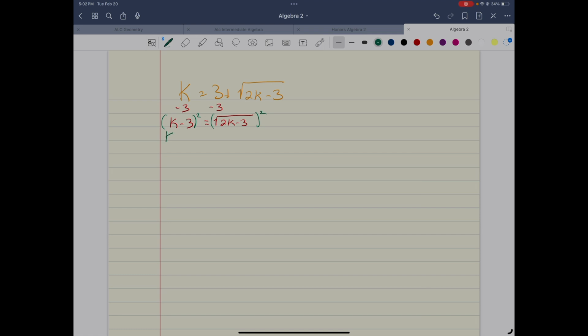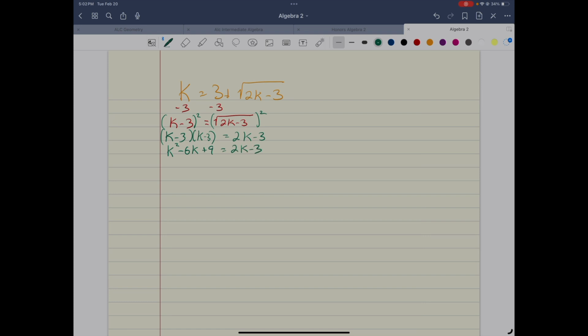So again, this is k minus 3 times k minus 3 is equal to 2k minus 3. So kind of the fast way, that's k squared. Square the first, 2 times a times b. So minus 6k plus 9. That's 2k minus 3.